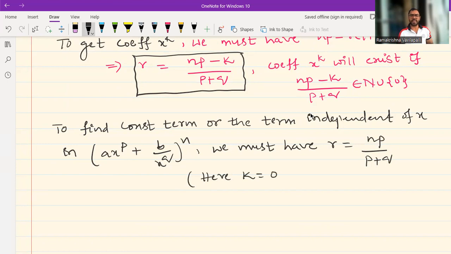Term independent of x means coefficient of x power 0. So these are the basic and very, very important concepts for solving questions asked in previous JEE. Now I am going to explain a few questions using these concepts.